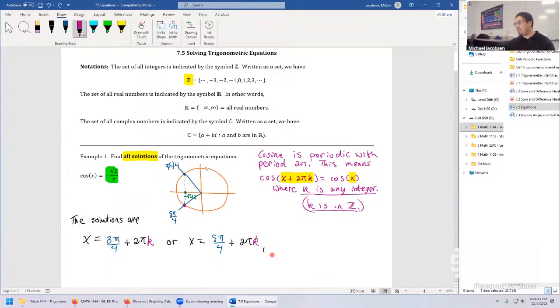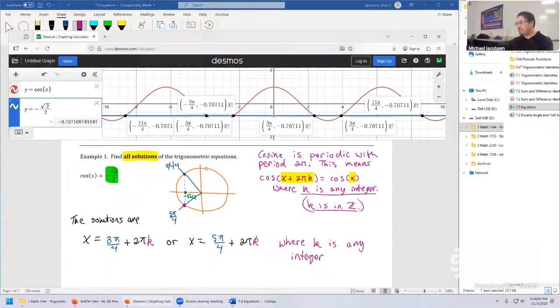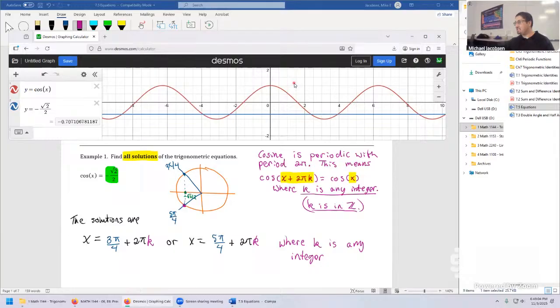So the cleanest way to state all solutions is to say x is the first solution we found, plus 2 pi k, periodicity, or the second solution we found, plus 2 pi k through periodicity, where k is any integer. So solving trigonometric equations is kind of weird because periodicity sort of muddies the water a little bit, but it's all about finding the solutions from 0 to 2 pi, and then just adding the periodicity parts we see right here and right here to give all solutions.